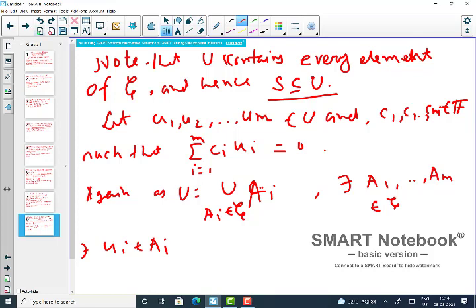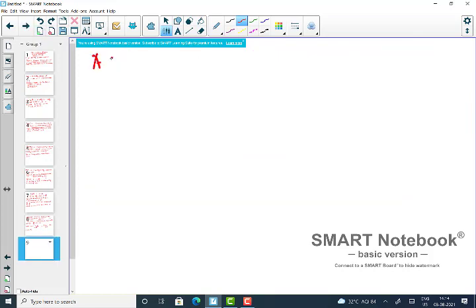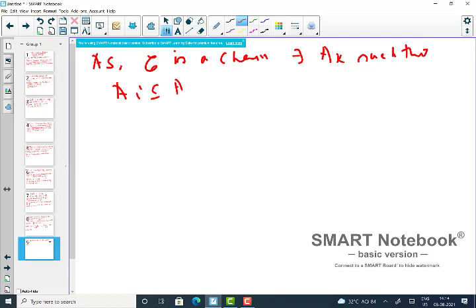So as C is a chain, there exists some ak such that all ai's are subsets of ak, for all i equal to 1, 2, ..., n, and this implies all the ui's are elements of ak.